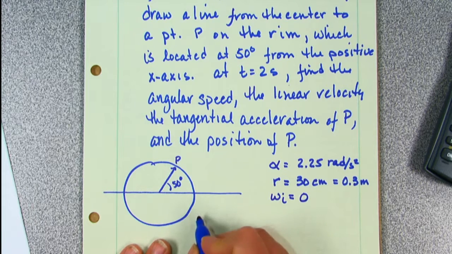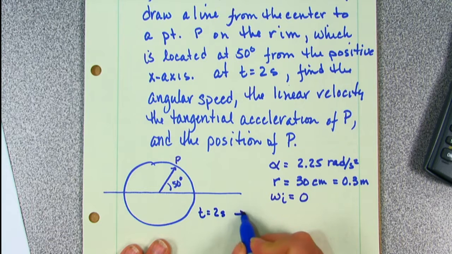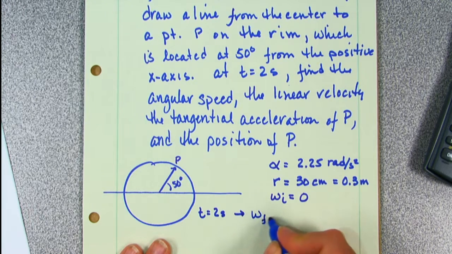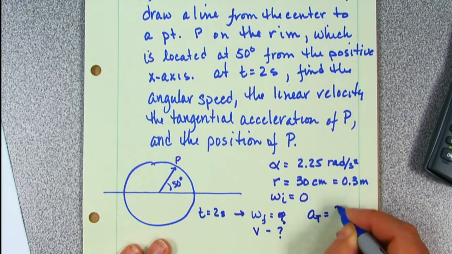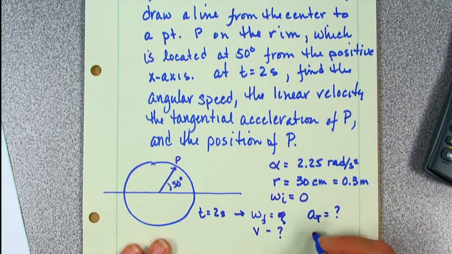And we want information at t equal to 2 seconds: the angular speed, the linear velocity, the tangential acceleration, and the change in angle of P.